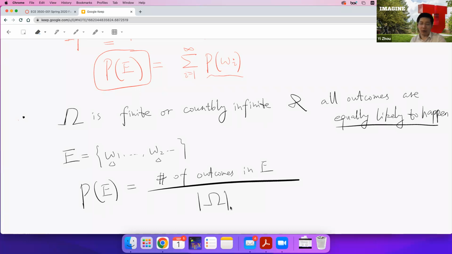So this is our classic way to calculate probabilities when every outcome is equally likely to happen.